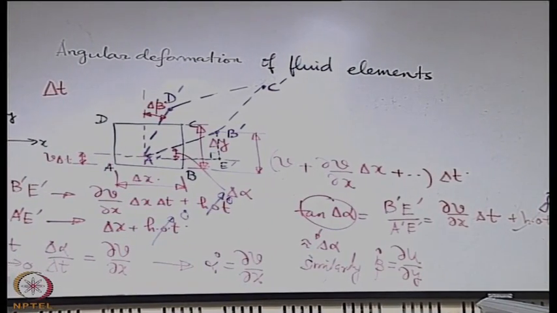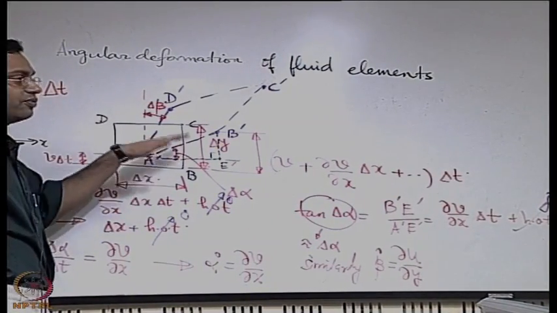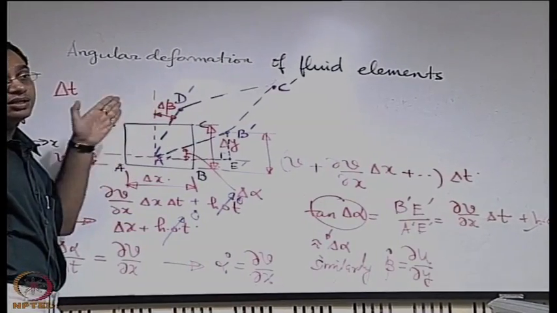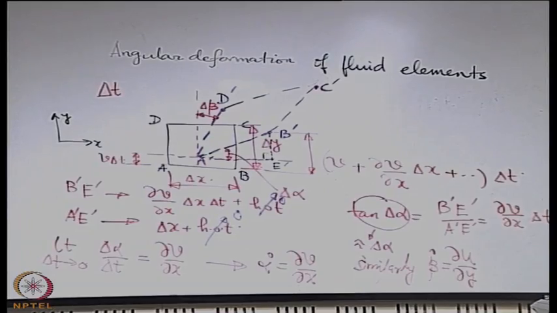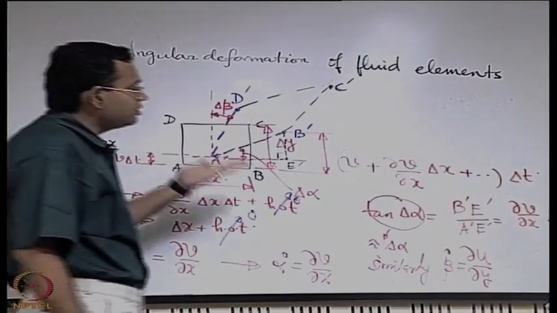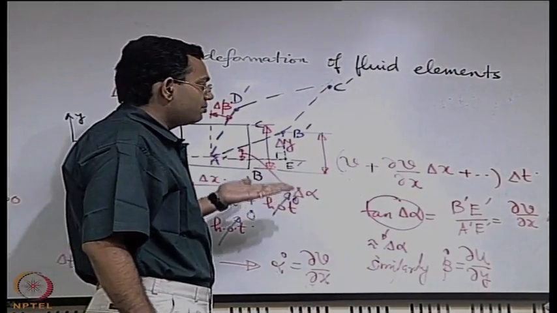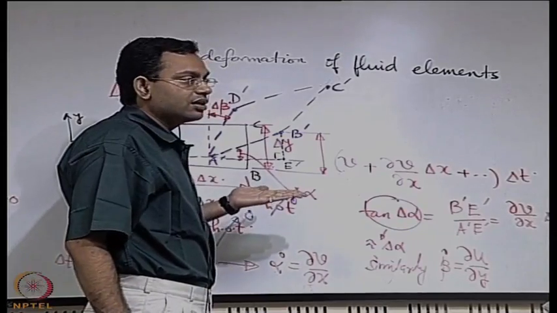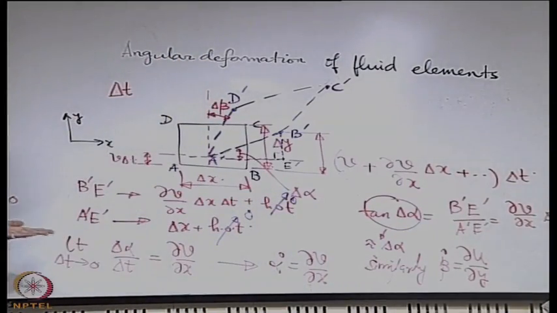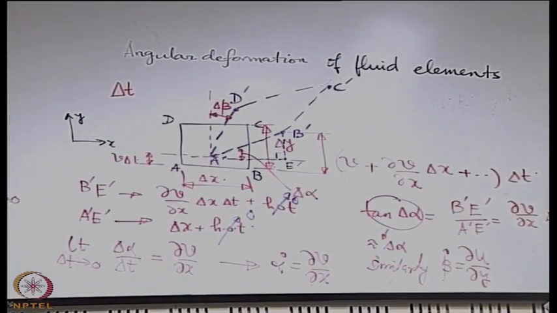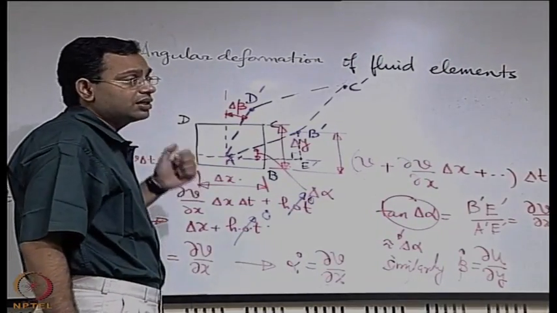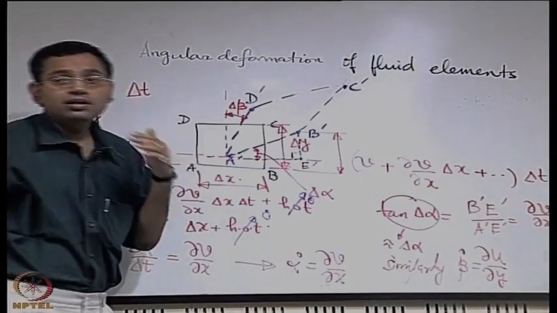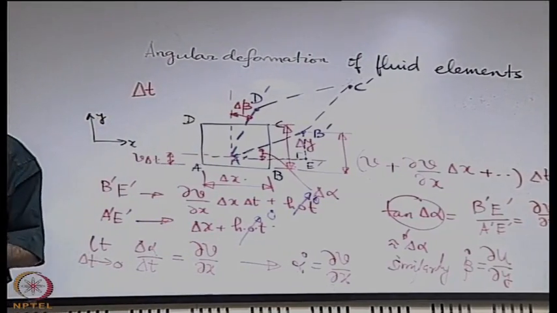So we have got a quantification of the rate of change of these angles, and these are like rates of deformation, so to say. Now this rate of deformation we have to quantify in terms of certain parameters. When we quantify the rate of deformation, we have to keep certain thing in mind, that we have to give a definition to what is rate of deformation.